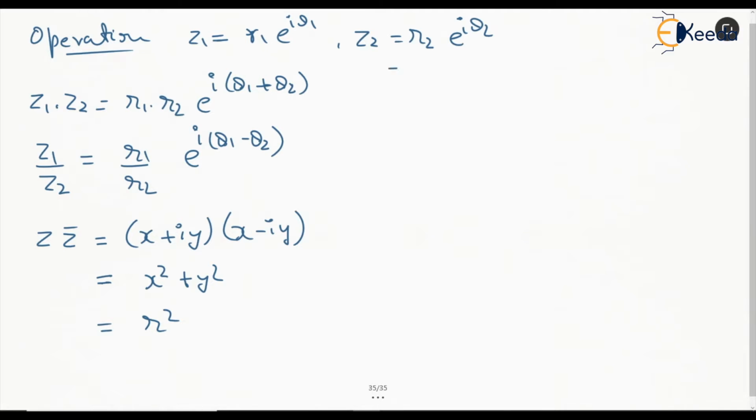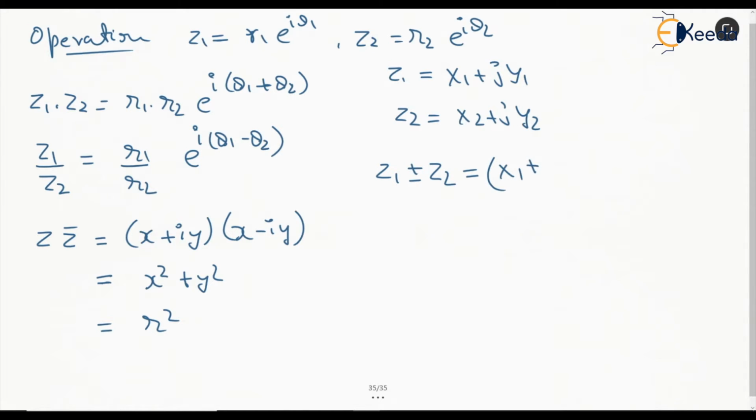And if z1 is given in rectangular form, let's say x1 plus jy1, z2 is equal to x2 plus jy2, then this can be added or subtracted, taking the real and imaginary part separately.